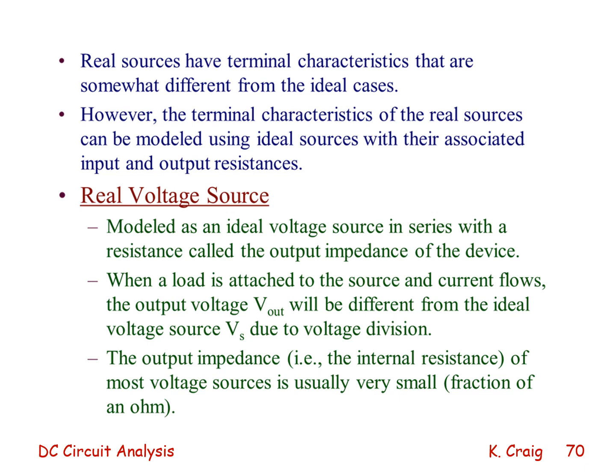When a load is attached to the source and current flows, the output voltage Vout will be different from the ideal voltage source Vs due to voltage division. The output impedance, that is the internal resistance, of most voltage sources is usually very small, a fraction of an ohm.